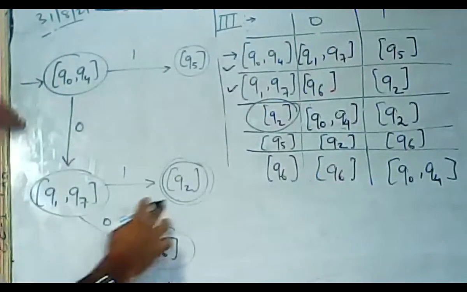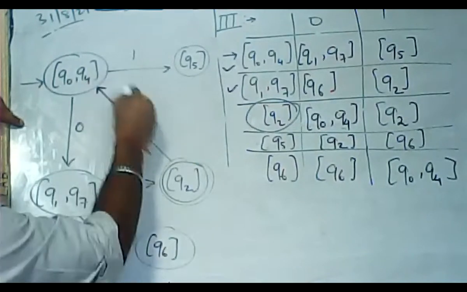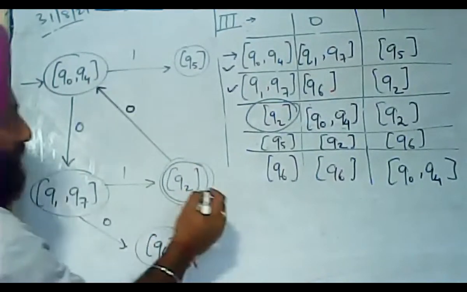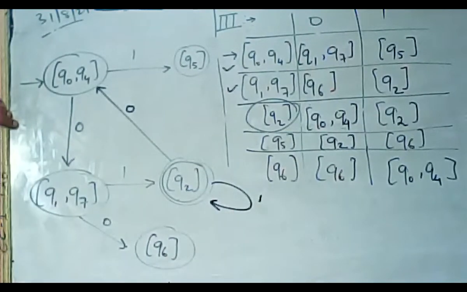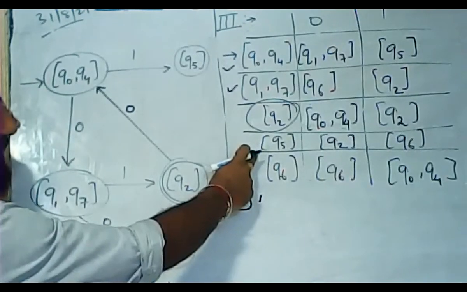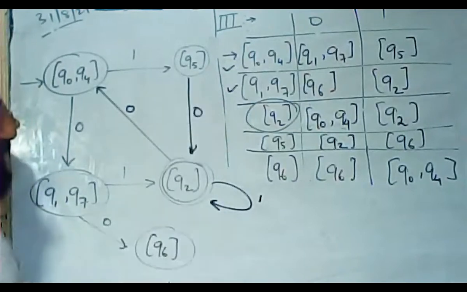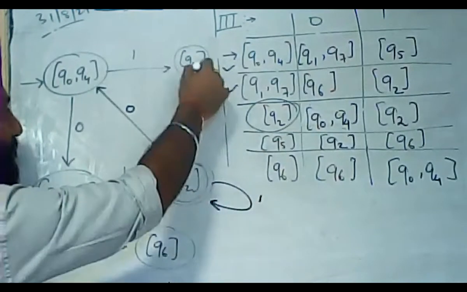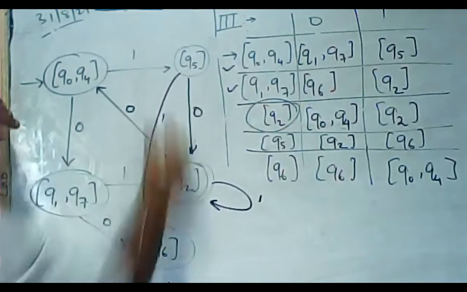Next is Q2 upon the processing of 0. It is going to this state. And upon the processing of 1, it is going to itself. A loop is there. Next, Q5 upon the processing of 0 is going to Q2, and upon the processing of 1 it is going to this state.